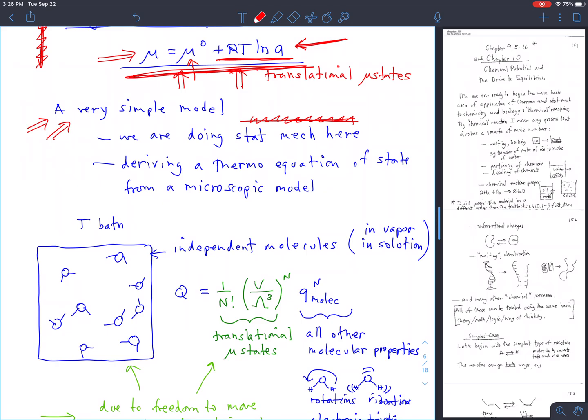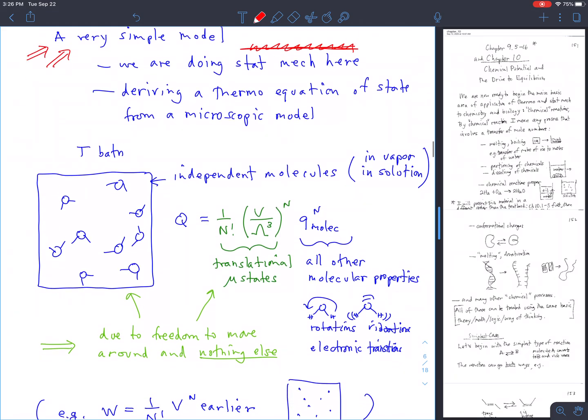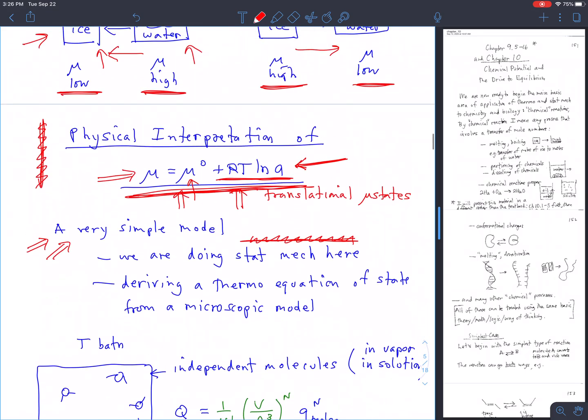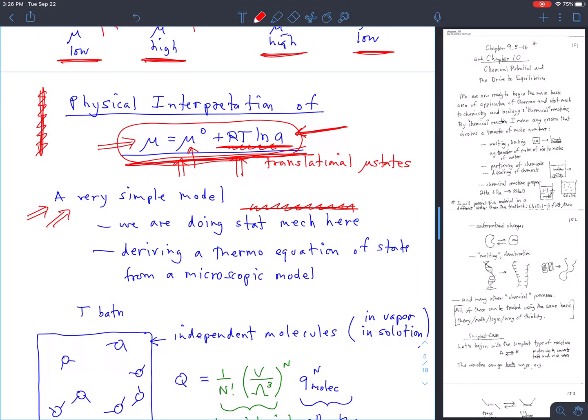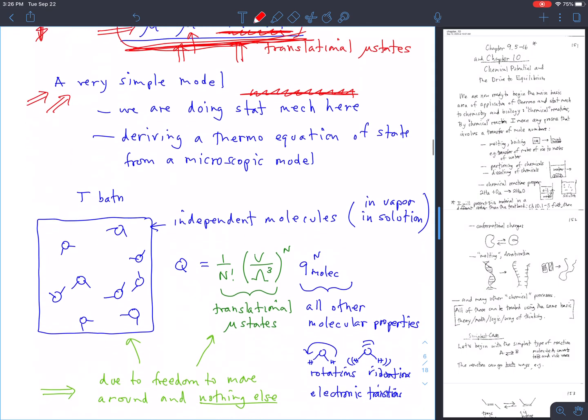And then also to show you what this equation of state actually means. The statistical mechanical model will show us where this second term comes from, where this first term comes from, and what kinds of interactions and properties and changes are being accounted for by those two terms.